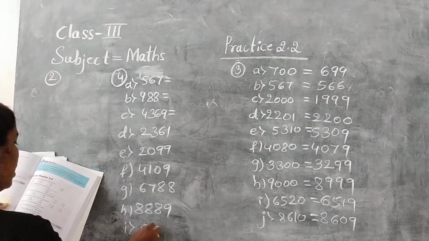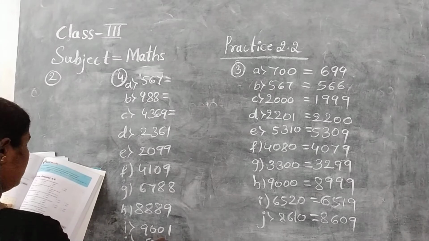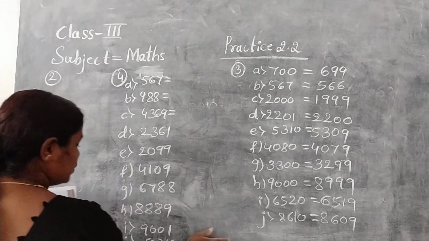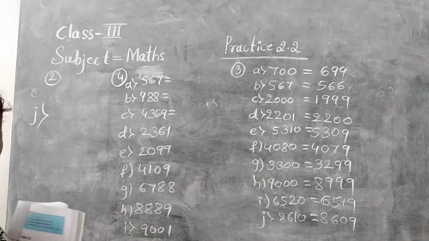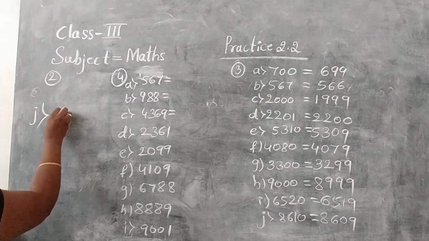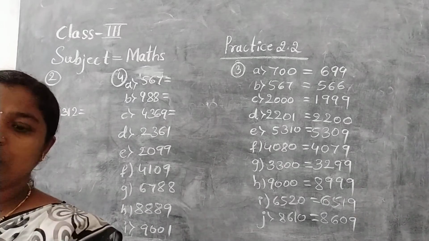I. 9001. J. 8312. So J was not visible, I will write J here. J is 8312. So we should write the successor.